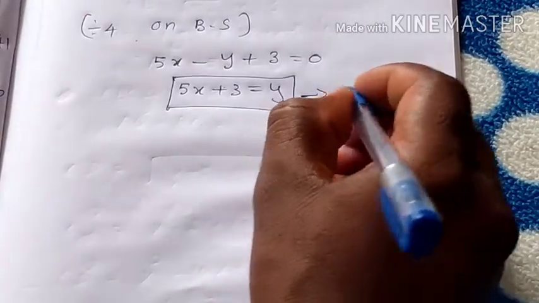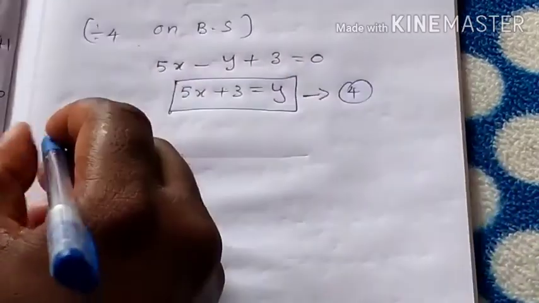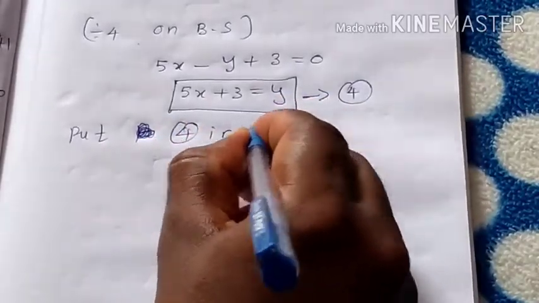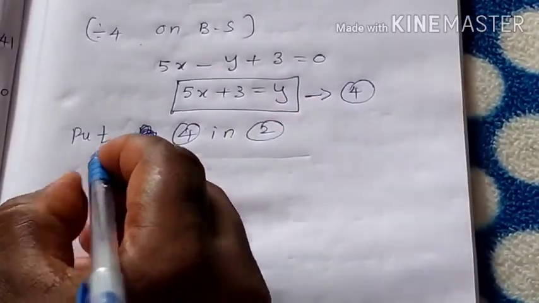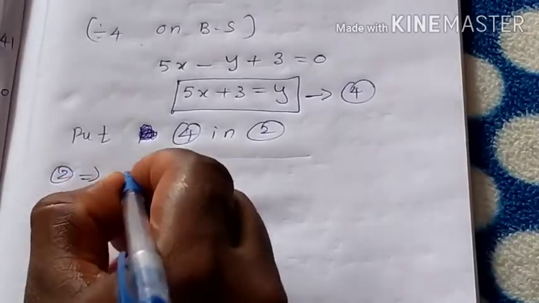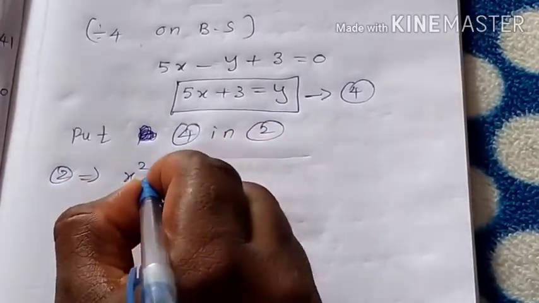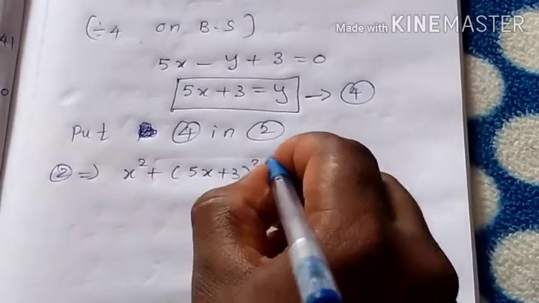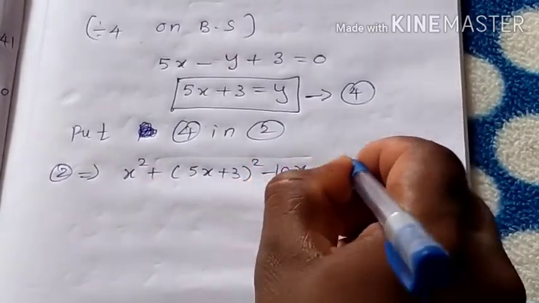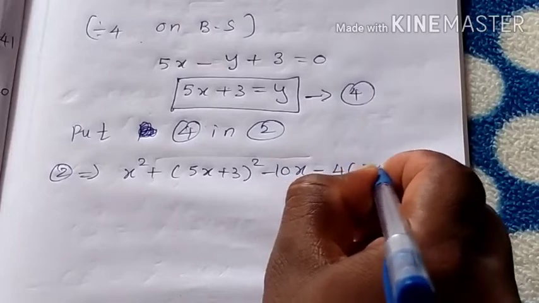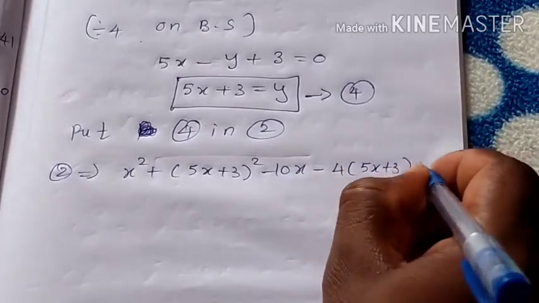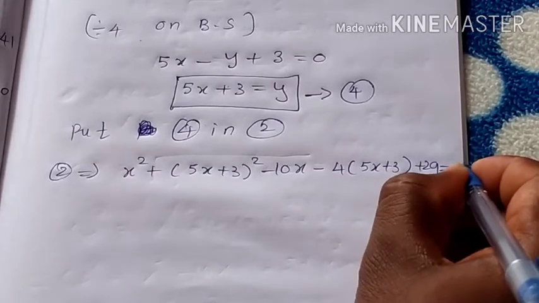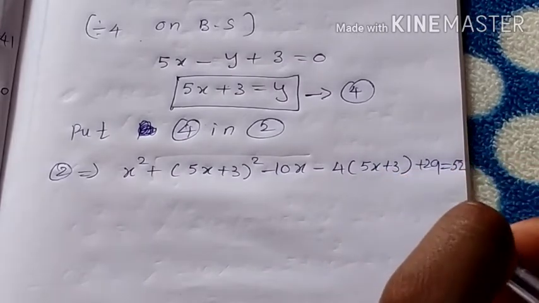this is number 4. Put 4 in 2. The second equation implies x square plus y square, y is 5x plus 3 the whole square, minus 10x minus 4 into 5x plus 3 plus 29 equal to CD square. The CD value is 52. This is already known.